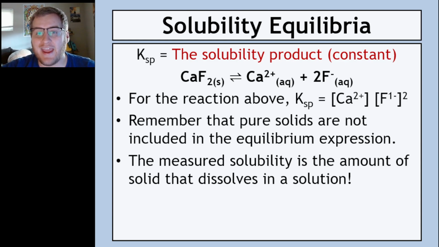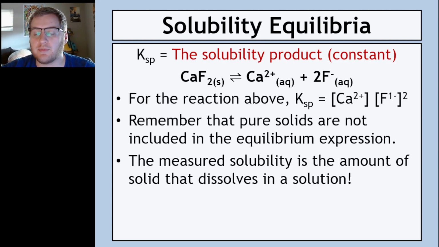We use the Ksp. So this is just like K, like Ka or Kb or Kc or Kp or Keq, a lot of Ks. But this is specifically for salts, and more specifically, for slightly soluble salts. The solubility product constant, Sp stands for solubility product.